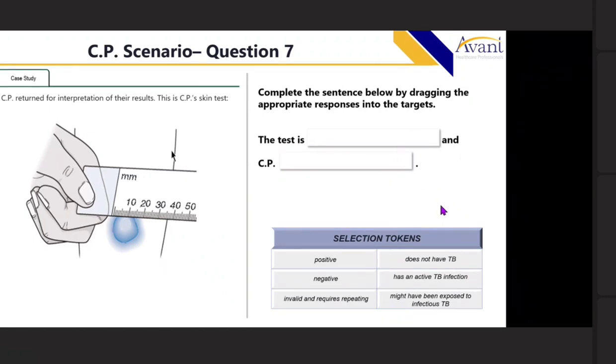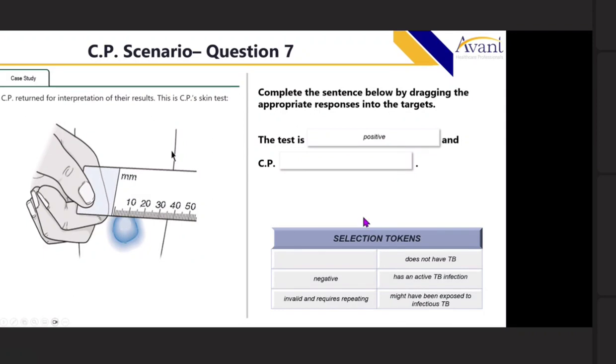All right, good job. So CP's test is actually positive, right? Because she's in that middle category. She's been in an area where TB is common. She was exposed as a child, but she's not ever been sick, and she's never had a positive test before. But she's greater than 15 millimeters.